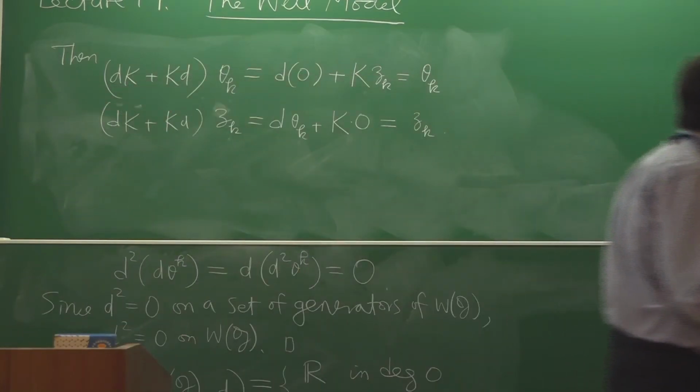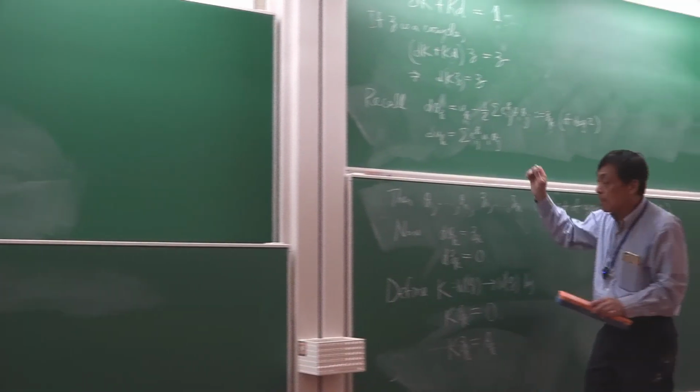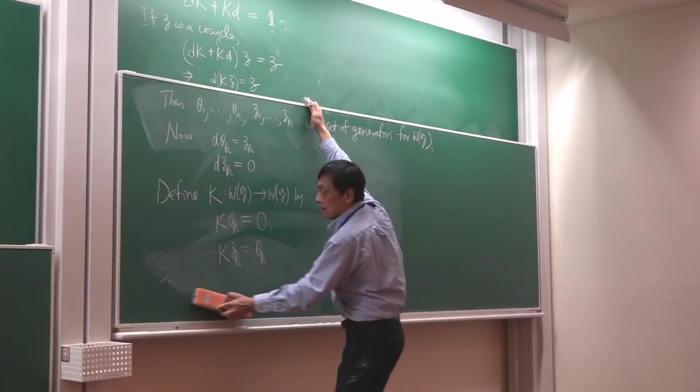Now here I have to say how, I define it on the generators, then I extend it to the Weil algebra as an antiderivation. Okay?